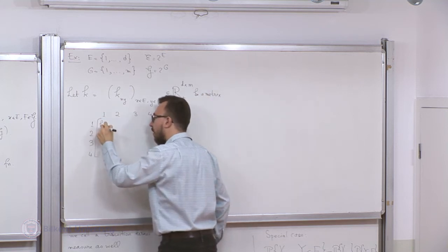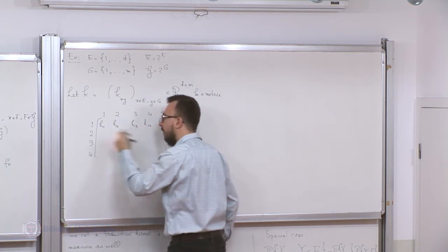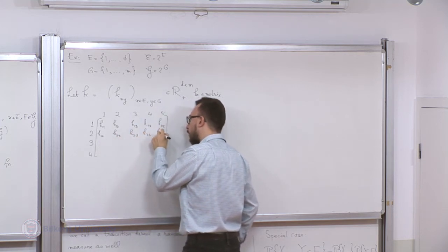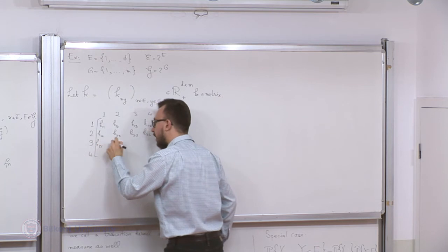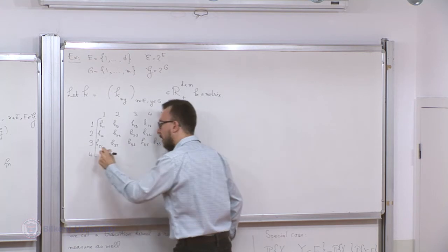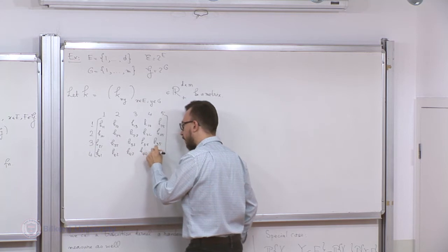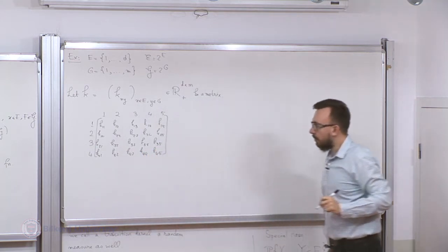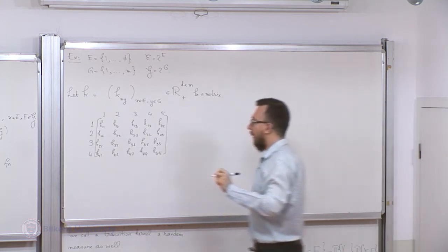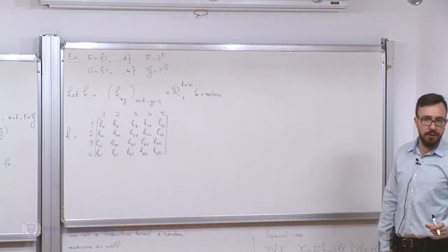So I have k11, k12, k13, k14, k15, k21, k22, k23, k24, k25, k31, k32, and k41, k42, k43, k44, k45. I wrote all the 20 entries. Good job. Okay, so this is k, and these are all positive numbers.